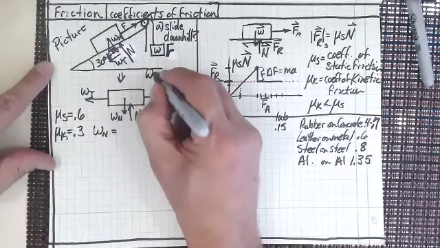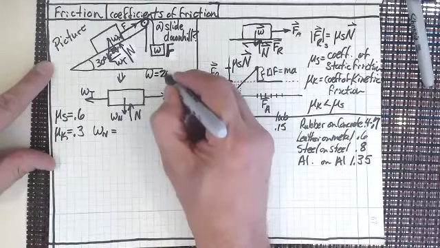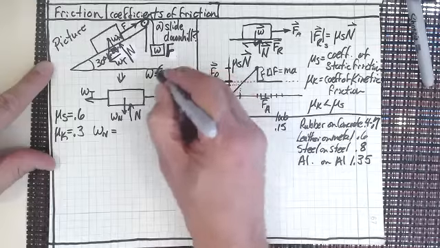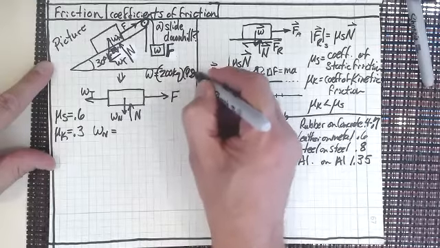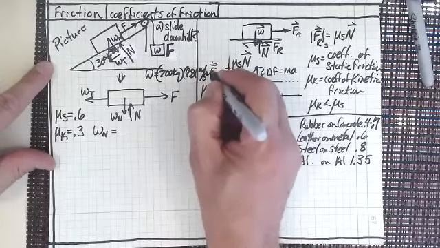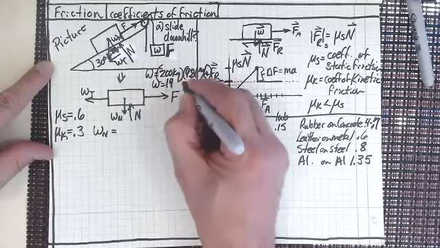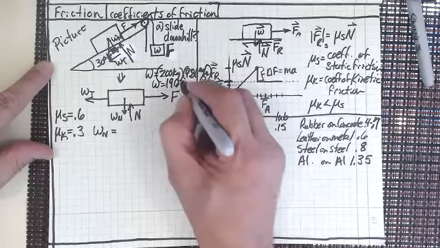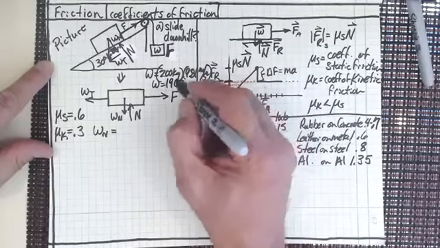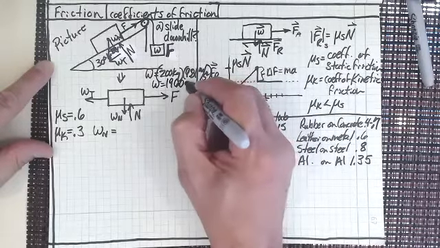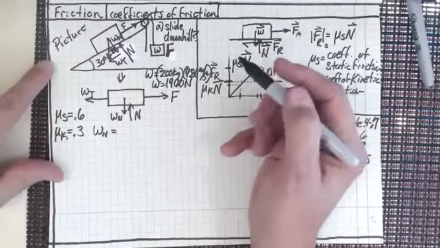So the weight that we're going to have is 200 kilograms times 9.81 meters per second squared. I always want to put your units on there. So that is 1960. I'm just going to say 1960 newtons. All right.